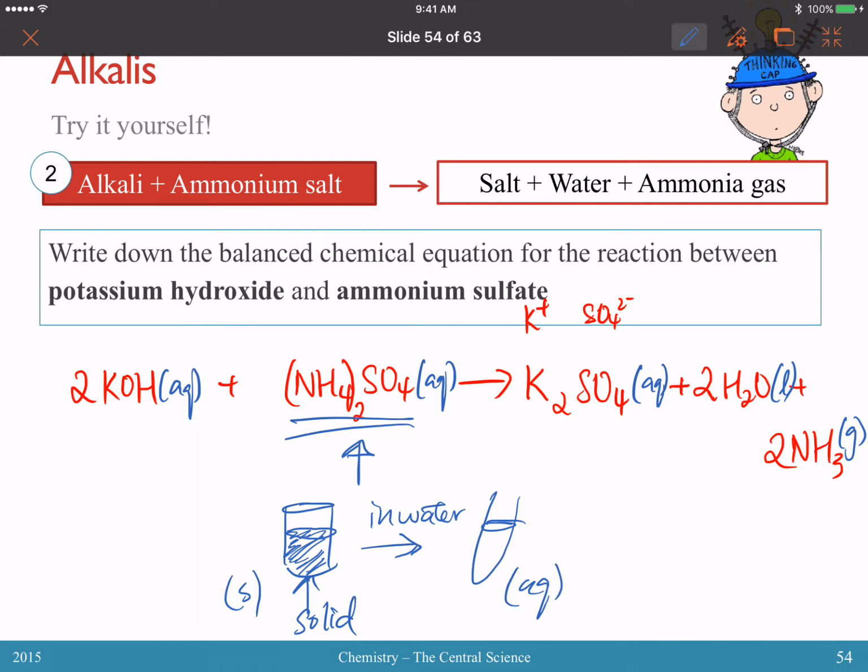What state symbol we use will depend on the experiment we are doing. If we are adding a solution of potassium hydroxide and a solution of ammonium sulfate to each other, then this state symbol is correct. But if we are adding the solution of potassium hydroxide to the solid stock of ammonium sulfate, then it's solid state. Is that clear?